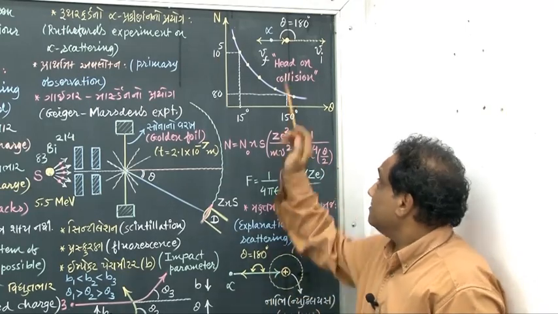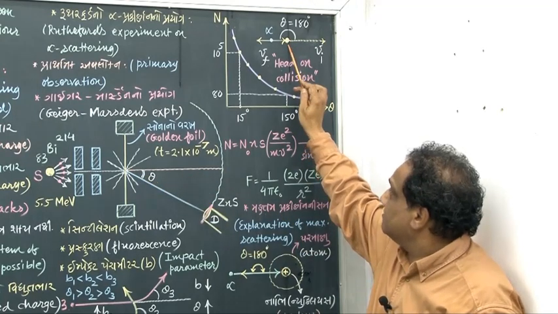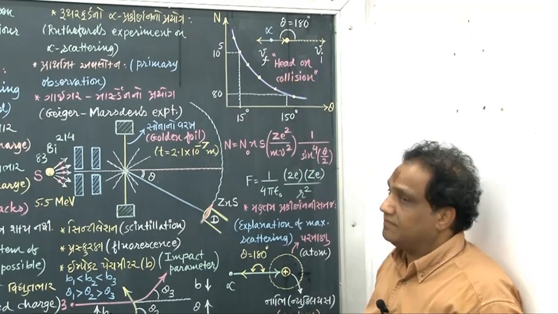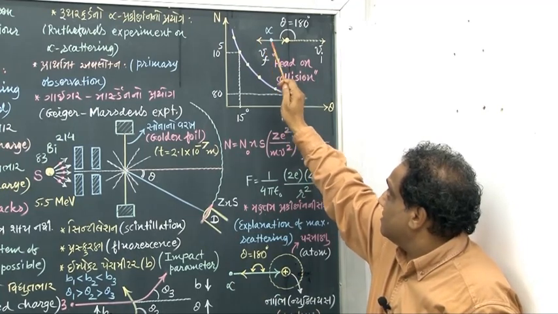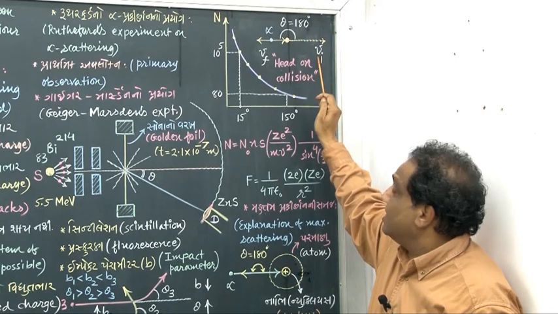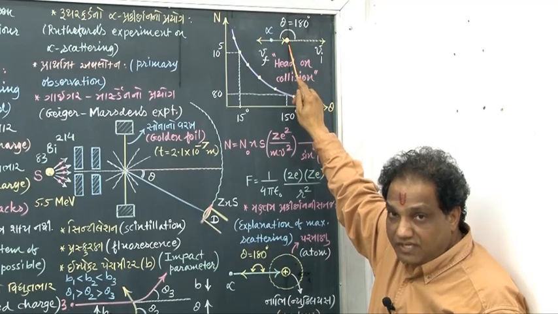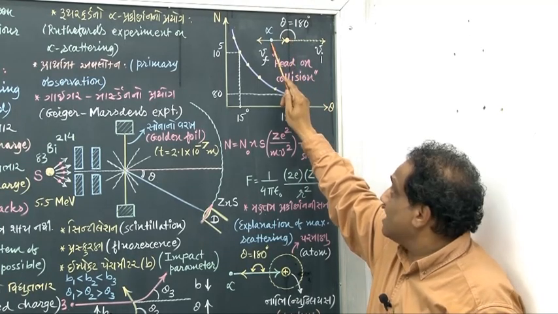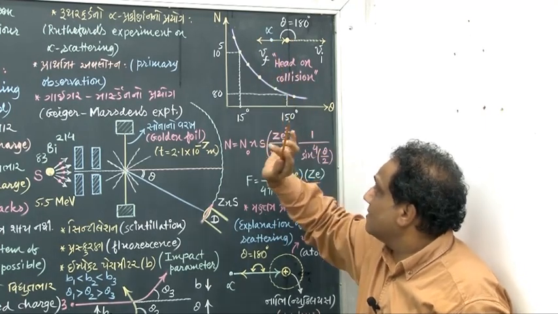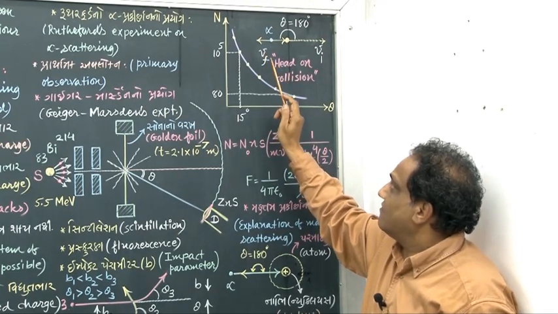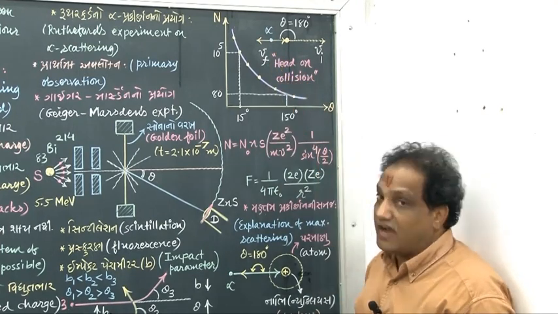How? I am showing you. See, this is the atom in the golden foil I have shown here. This is the incident alpha particle, moving in this direction with its initial velocity. After a strong collision with this atom of gold, suppose this alpha particle takes a U-turn and starts moving in this direction, which is its final velocity.